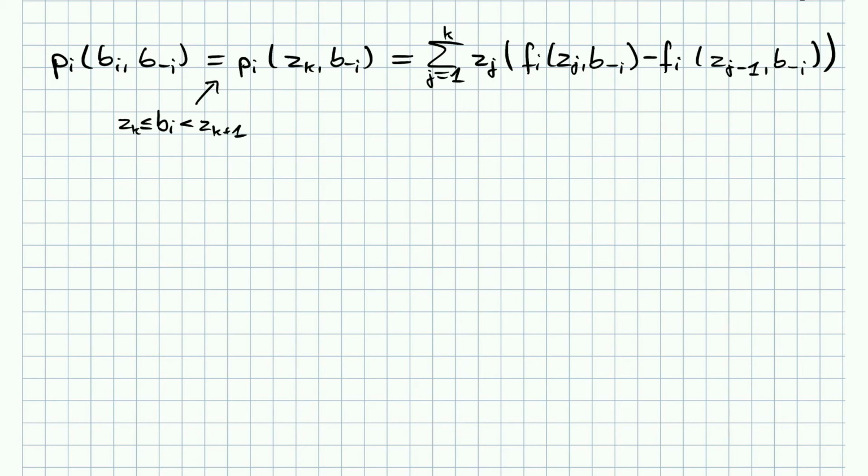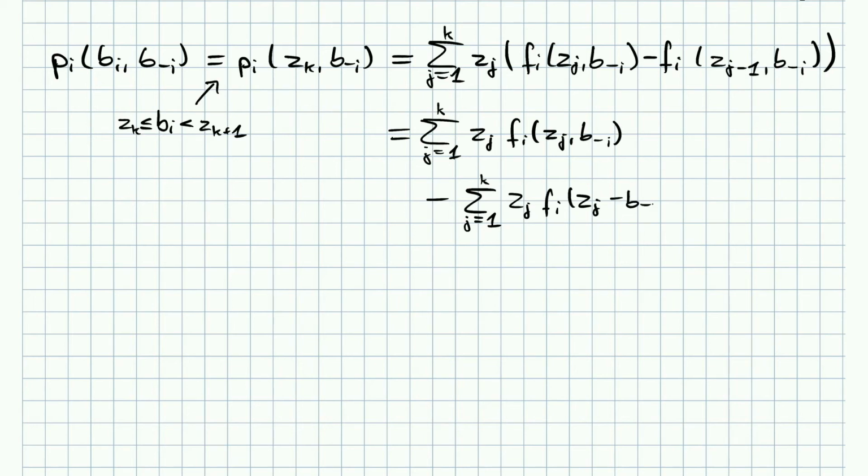And how can we now write this in a different way? Well, observe that each zj actually appears twice in here. It appears once here in the positive part and then also in this part that is subtracted. So what we might also do is we might split up these sums and how can we now recombine these?